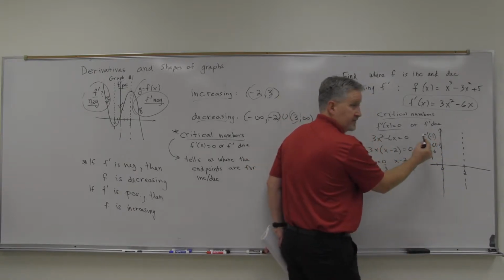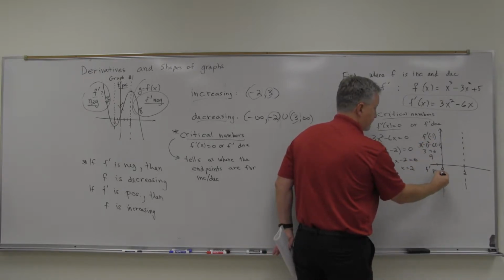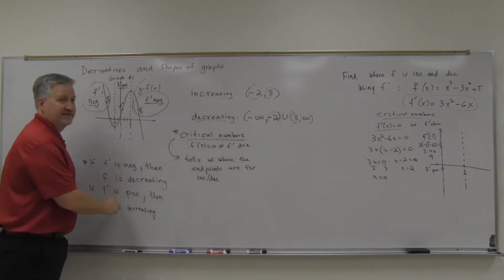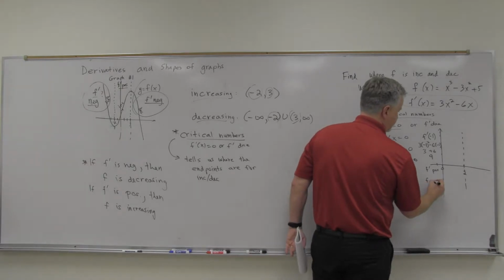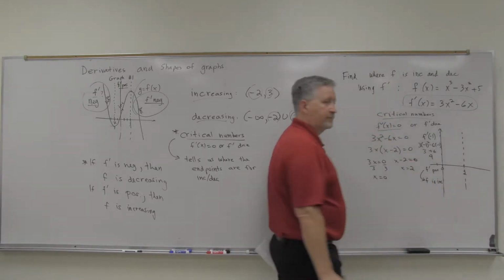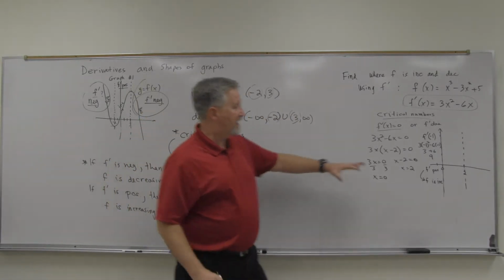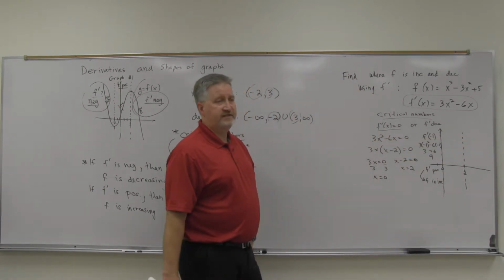So what that tells me is f prime is positive. Now what does that tell me, increasing or decreasing? Well, if f prime is positive, f is increasing. Okay? So that's what I'm doing here. I'm just picking one value out of each one of these pieces and testing it out.